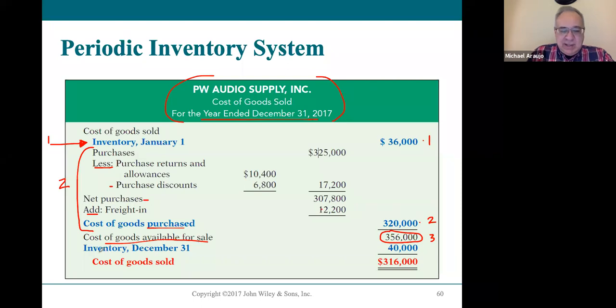The first thing is it's still with you. They noticed there's $40,000 of this inventory still in the store, which means the difference we have to assume has been sold, and thus the cost of goods sold is $316,000.